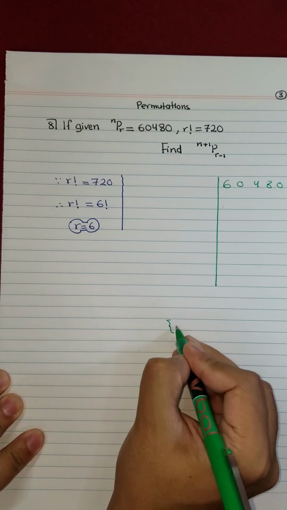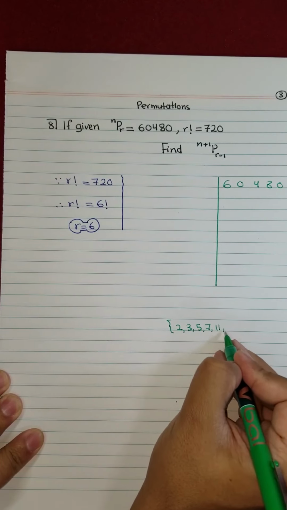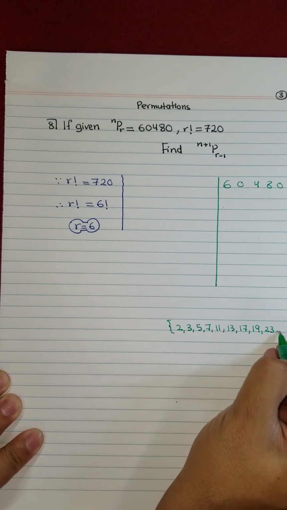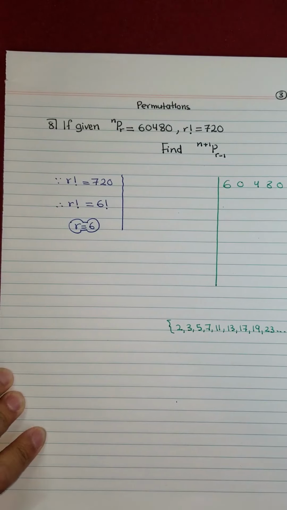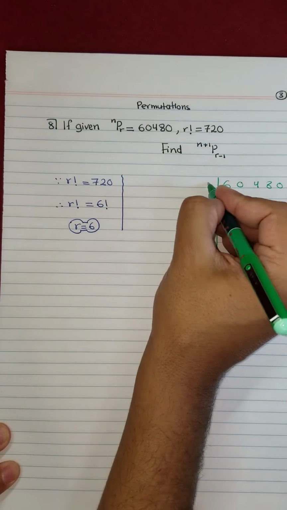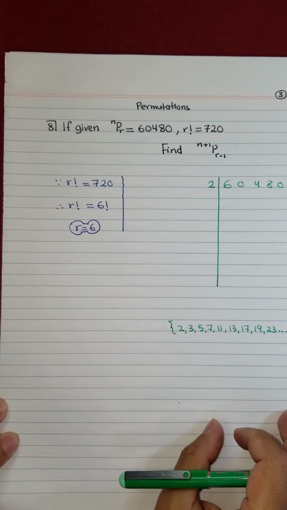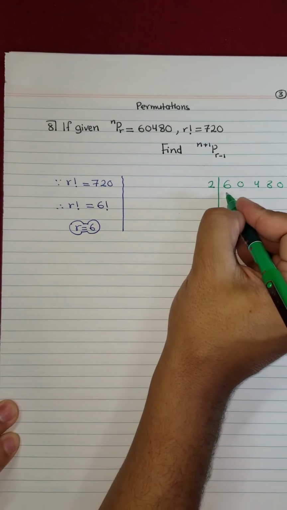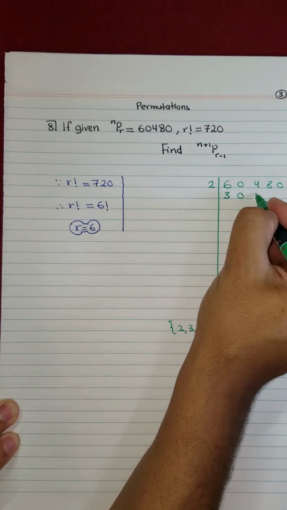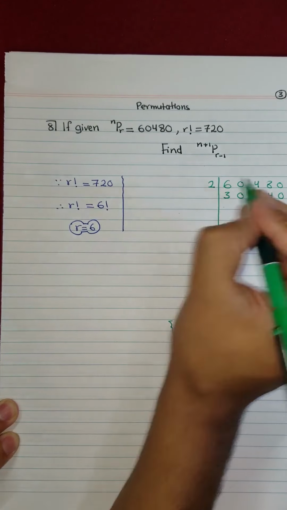And the list of prime numbers is always 2, 3, 5, 7, 11, 13, 17, 19, 23, etc. Okay, and we will start with the 2. This is even, so it's divisible by 2. 6 divided by 2 is 3, 0 divided by 2 is 0, 4 divided by 2 is 2, 8 divided by 2 is 4, 0 divided by 2 is 0.